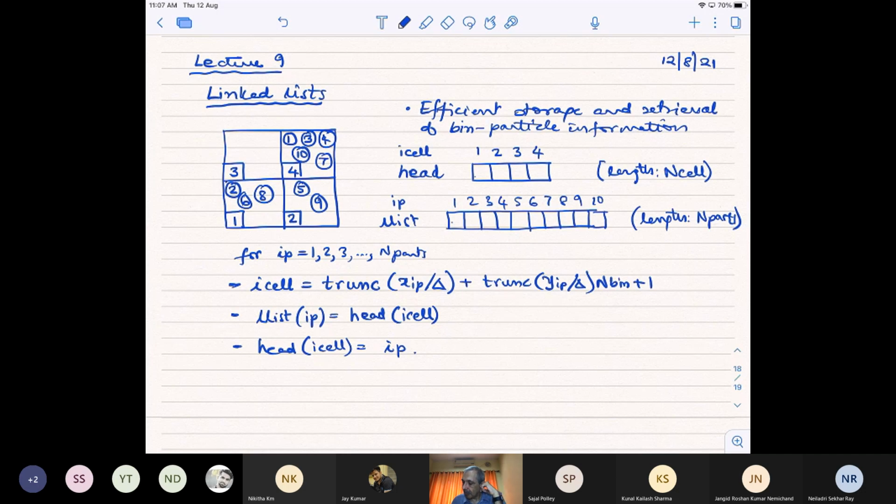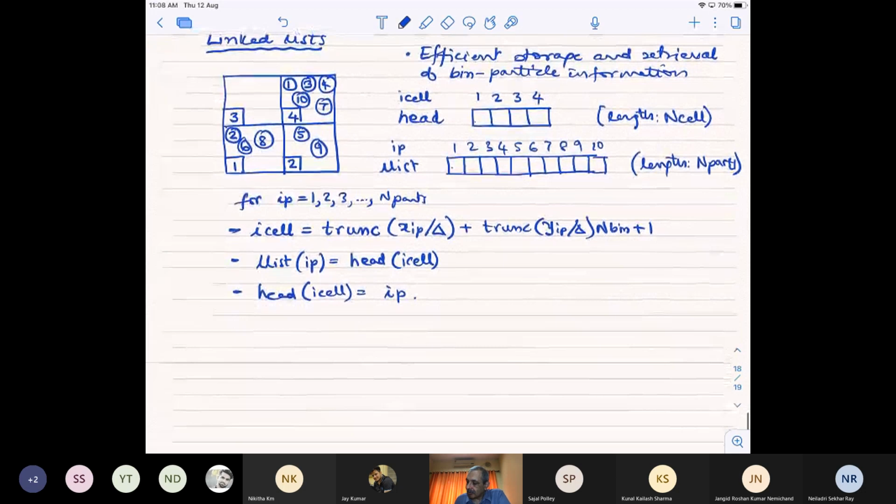If it's the first particle, then all will be 0. So you shift whatever particle is there into L list, and whatever is the new particle, you put that in that bin position. It's a very simple algorithm.